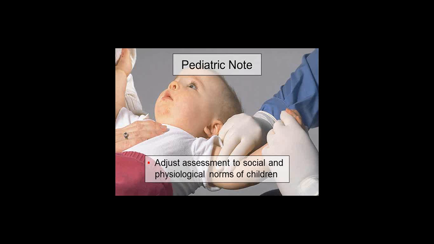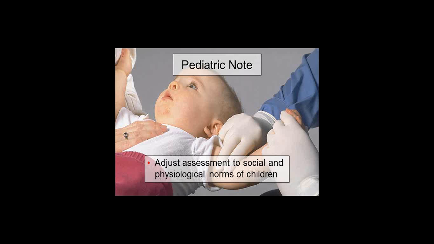Pediatric note: adjust the assessment to social and physiologic norms of children. We've talked about that as far as the human growth and development that we learned back in section 1. We know that in general, pulses get slower, respirations get slower, blood pressures get higher as we age.